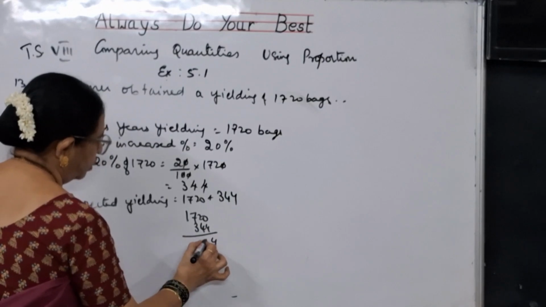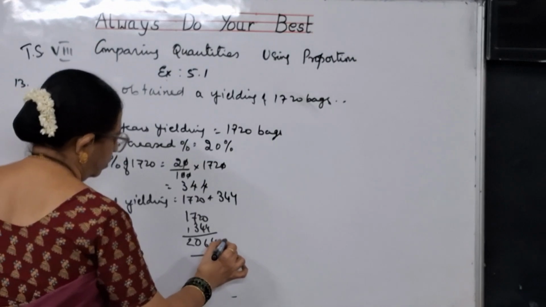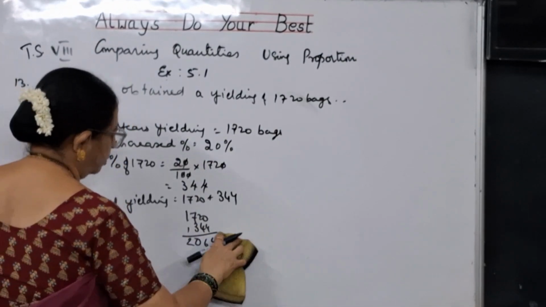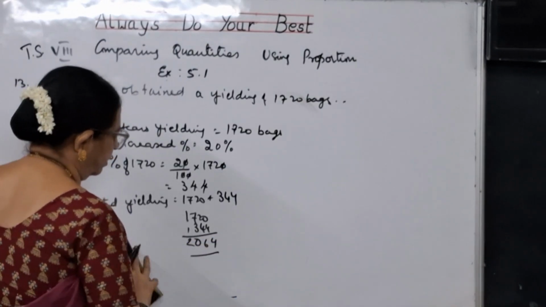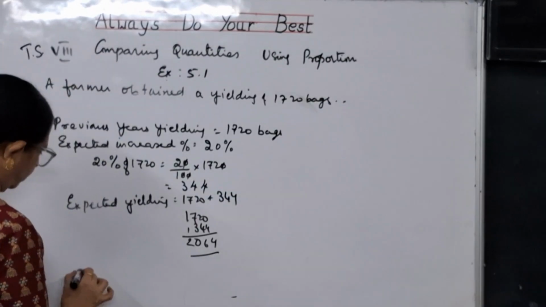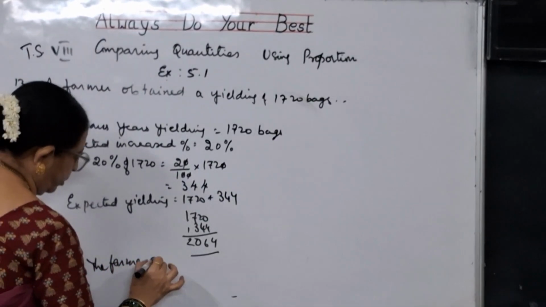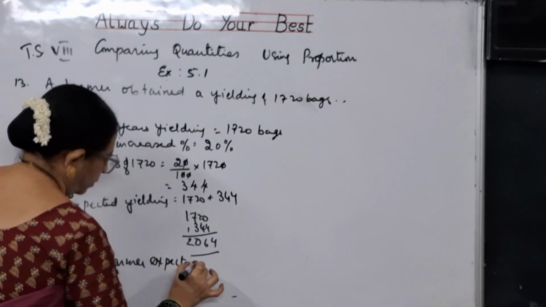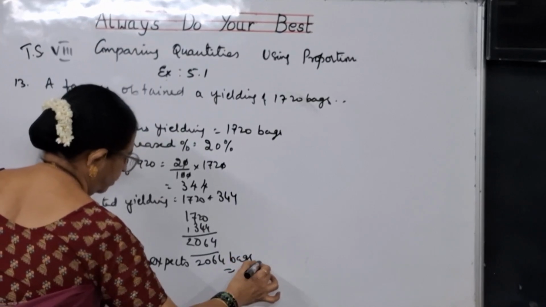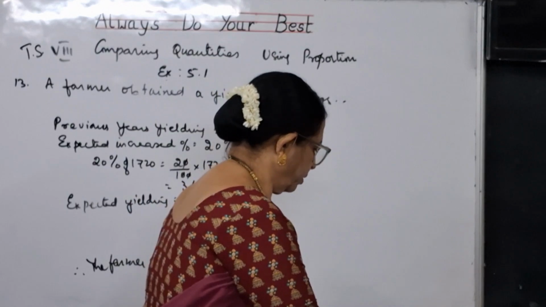If you add, 4, 6, 10, 2, 2064 bags. 2064 bags she is expecting. So therefore the farmer expects 2064 bags. This is considered as the answer, children. Please copy it.